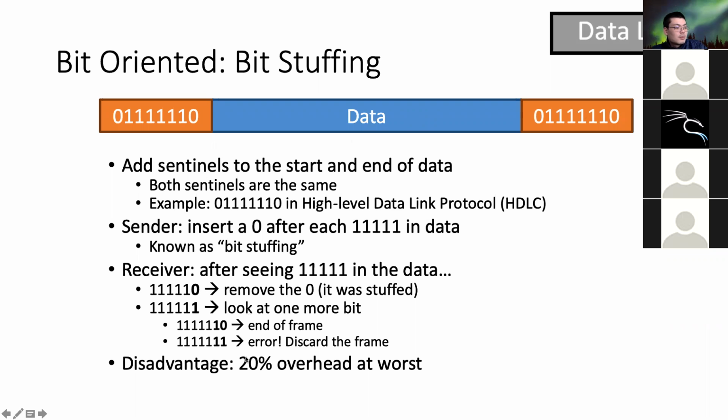This is the so-called bit stuffing. So the overhead can be up to 20%: if you have lots of consecutive ones, it's 20%. But if you don't have a lot of consecutive ones, you don't insert a lot of bits. Only in the sentinel will you see six ones.